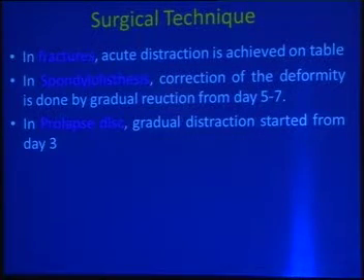In fractures, we are doing the acute distraction on the table as we do with any pedicle screw fixation internally. In cases of listhesis, we gradually correct the deformity starting from day 2, and we start from day 5 to 7. In cases of prolapsed disc, we do a gradual distraction starting from day 3.